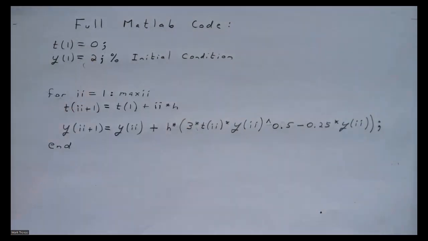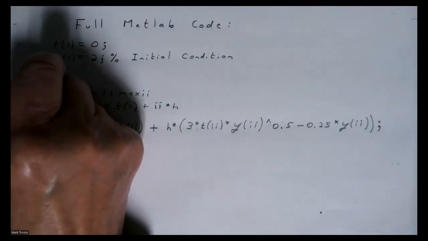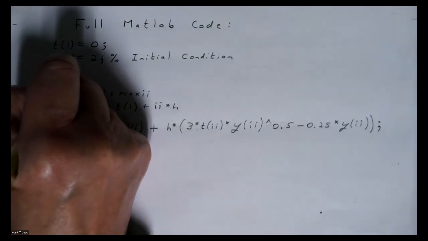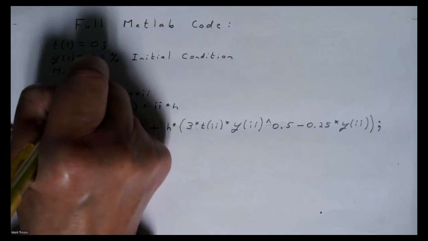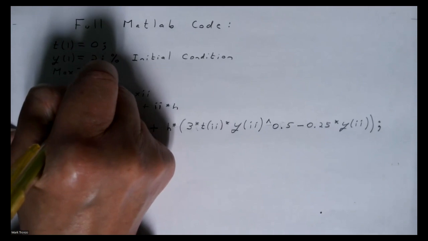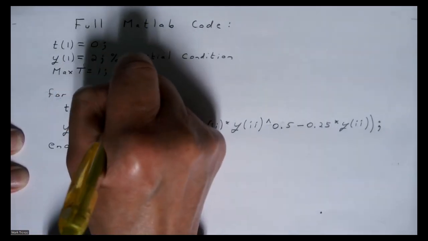That's going to correspond to t equals 0. And also, let's decide, like again, the maximum, let me call this max. You can use whatever names you like. I sometimes use odd names. So this is going to be the maximum time value.